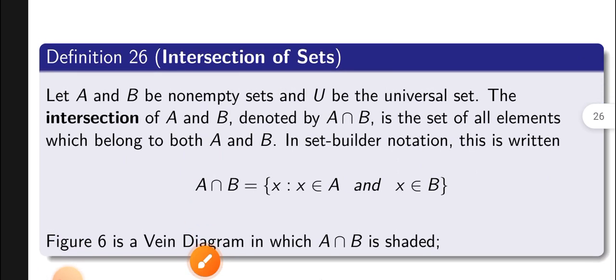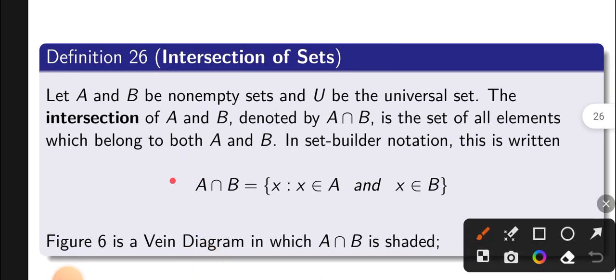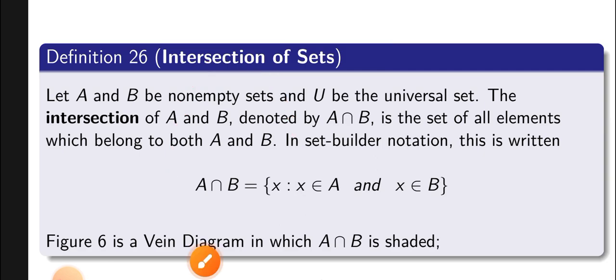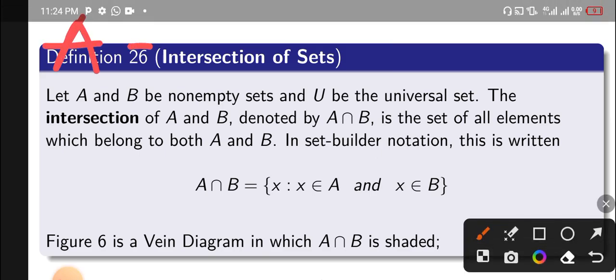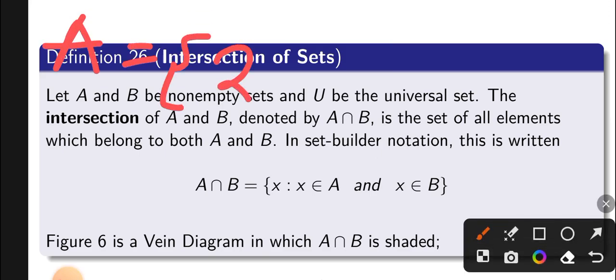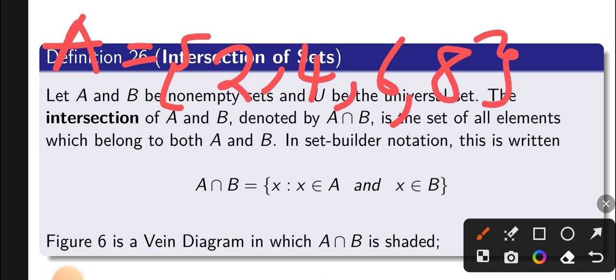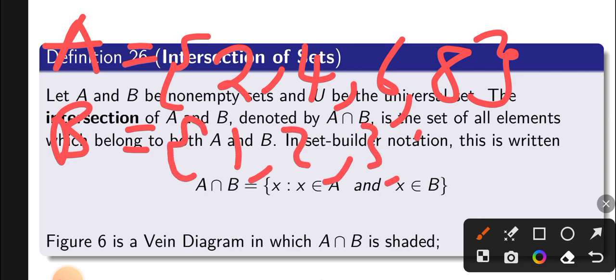We go to intersection. Intersection is represented by this symbol which looks like a small letter n. When they say intersection, what they're trying to say is find what is common. For example, if this is A, we have 2, 4, 6, 8, and then B, we have 1, 2, 3, 4.